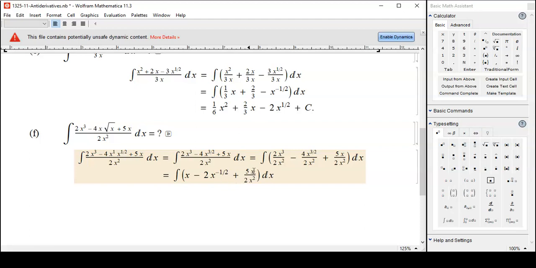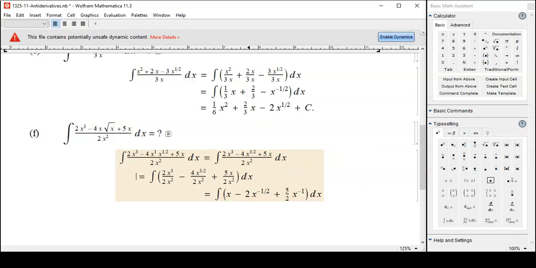And 5/2, 1st power, 2nd power, so x to the negative 1st power. Okay, the separation is complete.